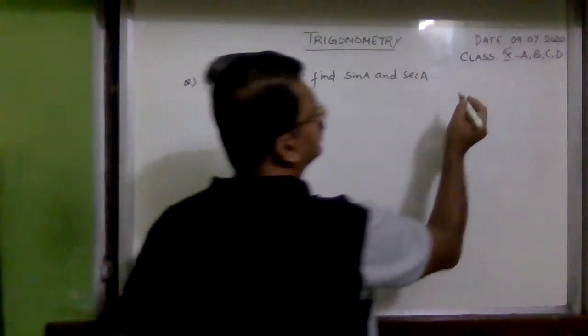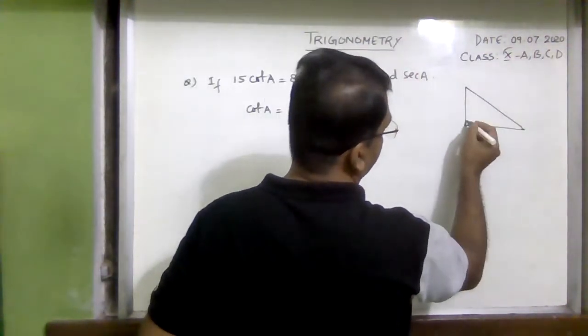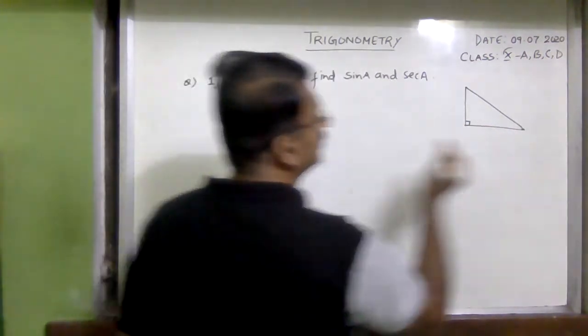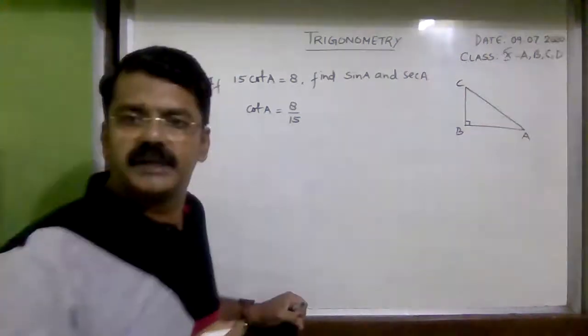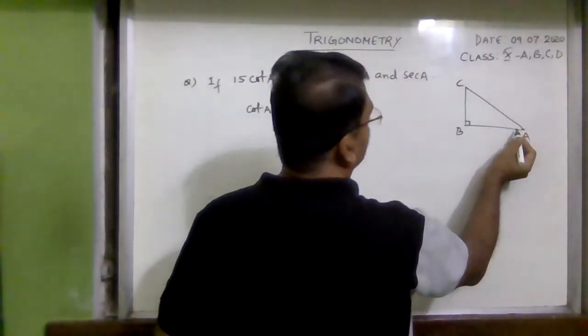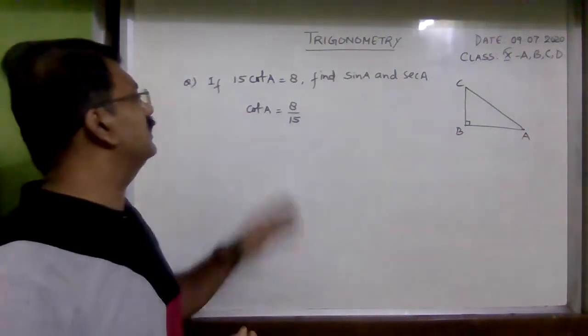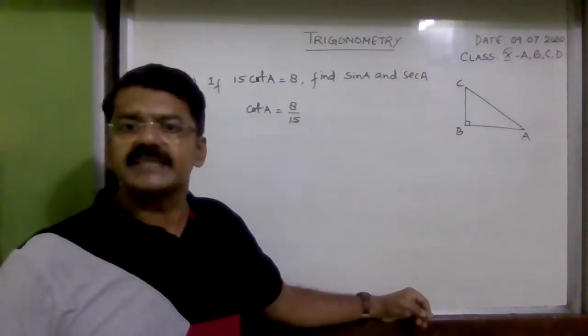So you make a triangle, right angle triangle obviously, and say the triangle is ABC, in which angle B is 90 degree. Now they have given cot A is 8 by 15. Now cot is base upon perpendicular.